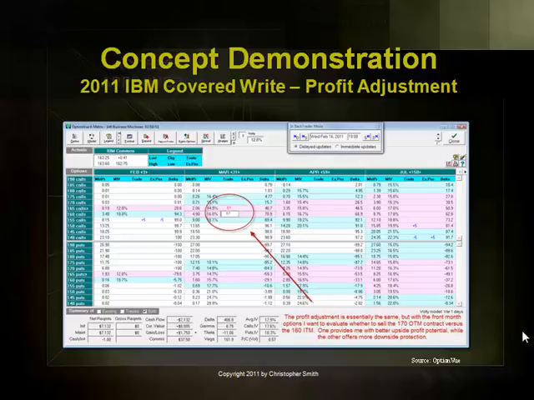One is going to provide me with better upside profit potential, while the other offers more downside protection. So if you're thinking that the market might pull back, you might want to sell a little bit in the money. If you're thinking that the market's going to keep rallying higher, maybe you want to go out of the money, give the market a little bit more room to move to the upside.